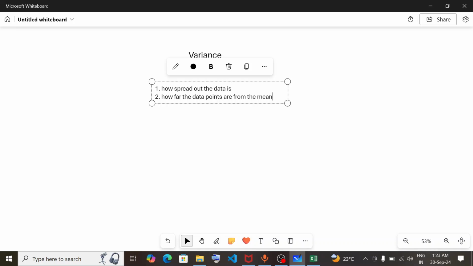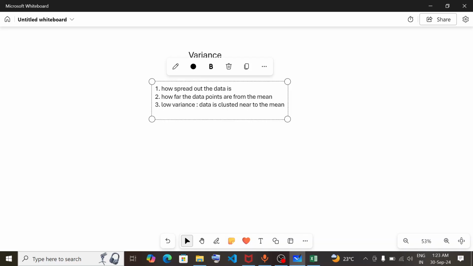So what does it mean when we have low variance and high variance? Let's understand both scenarios. When we have low variance, that means data is clustered near the mean. Most of your data points are concentrated just near the mean.